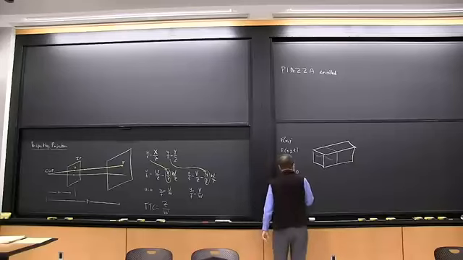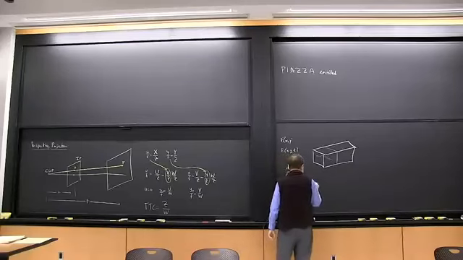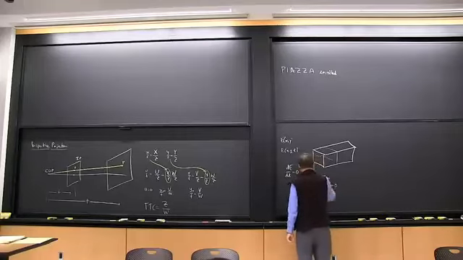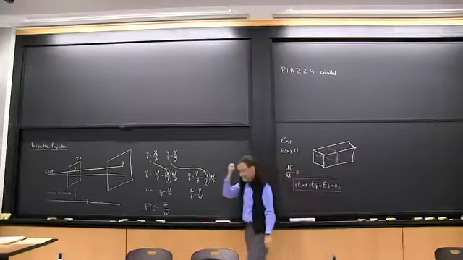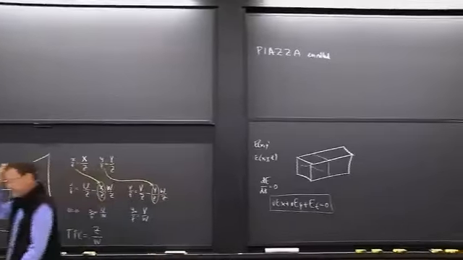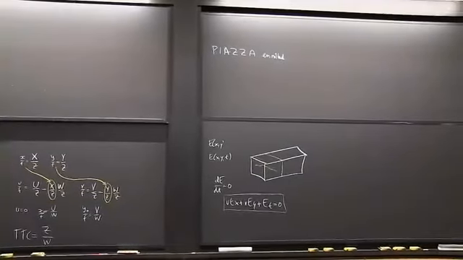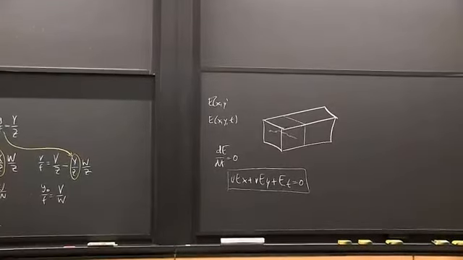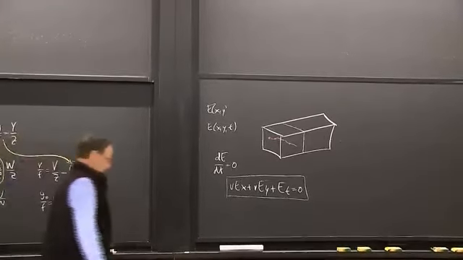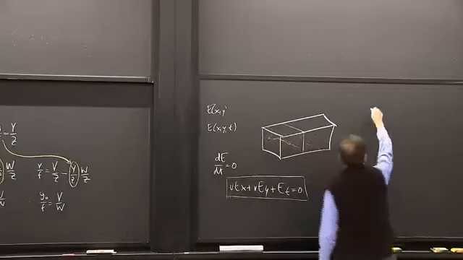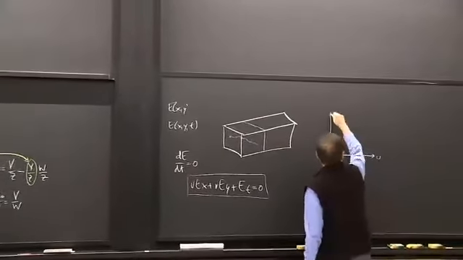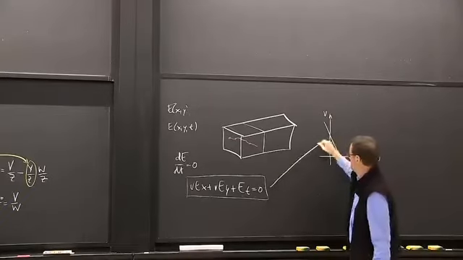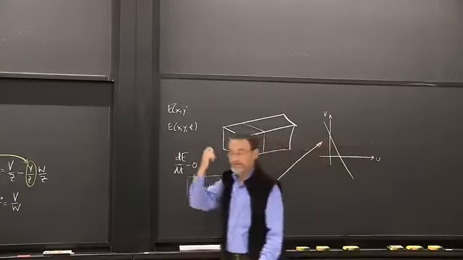And then from this, we got the brightness change constraint equation, which gives us a relationship between the movement in the image and the brightness gradient and the time rate of change of brightness. And we then addressed the problem that this is not giving us the ability to solve locally for velocity, because this is a linear equation in u and v.